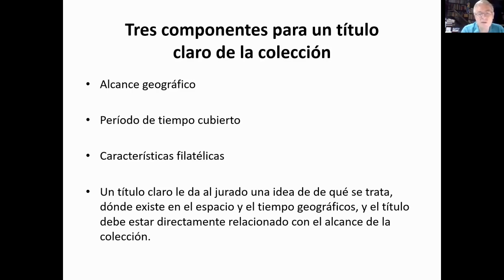What type of exhibit is it that the judges and the public will be looking at? So, in summary, a clear title gives the judge a sense of what the exhibit is about, where it exists in geographic space and time, and most importantly, the title should be directly related to the scope of the exhibit. Next.